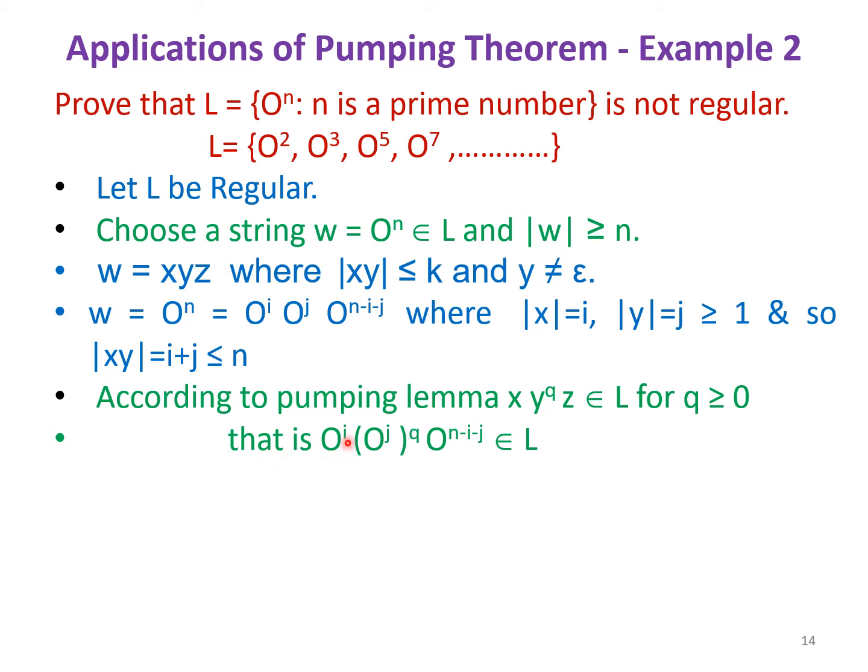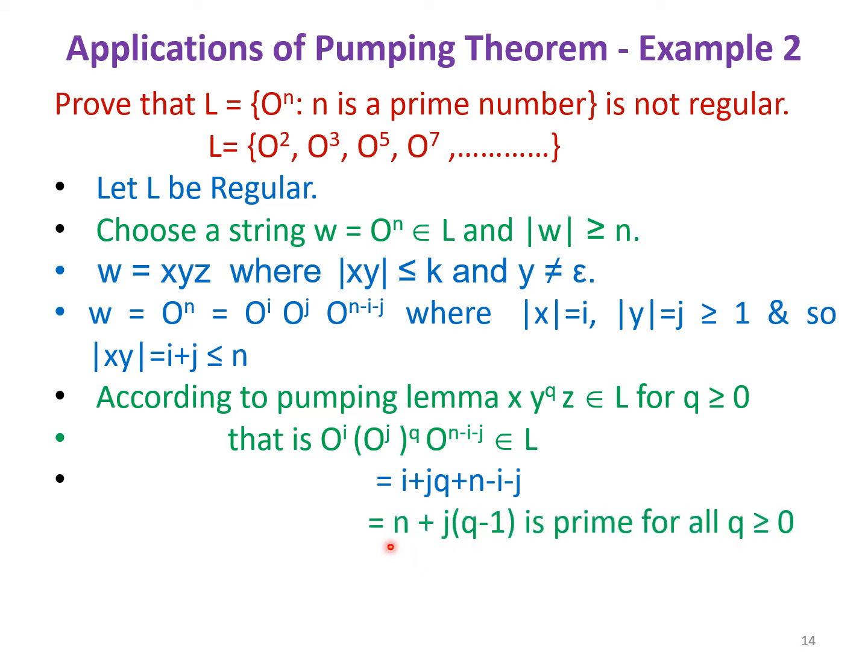That is, 0 raised to i, 0 raised to j whole raised to q, 0 raised to n minus i minus j belongs to L. That is, i plus j q plus n minus i minus j belongs to L. So if we cancel plus i and minus i, we get n plus j common, j into q minus 1 belongs to L, that is prime, for all q greater than or equal to 0.